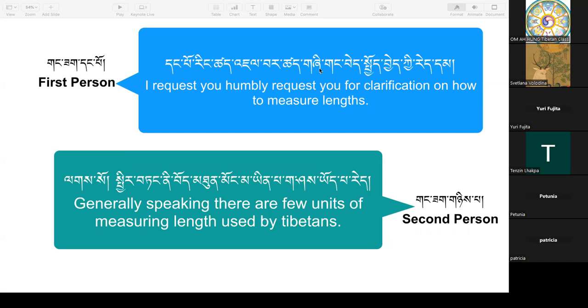So here we see that we have actually stated the term seshi, which is unit. But we haven't written it here. We haven't translated here. So instead of saying can you clarify on the units to measure the length, we have said, can you clarify on how to measure the length? Or what kind of unit should be used to measure length?